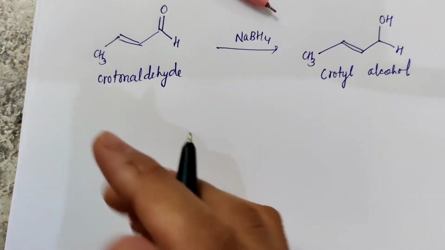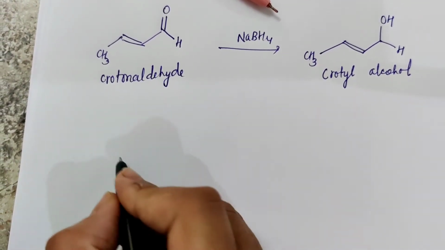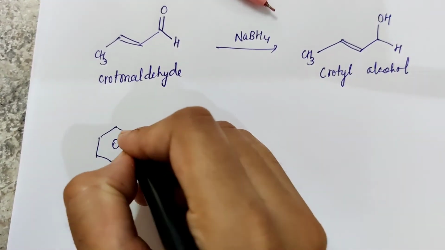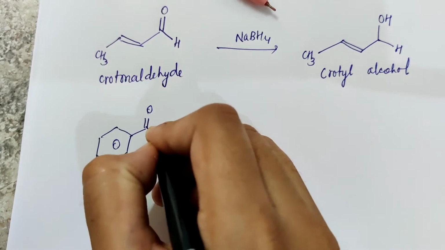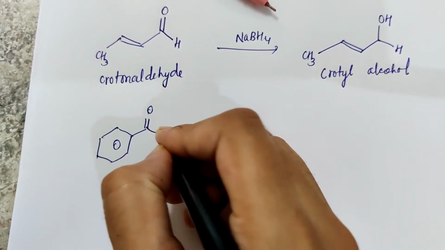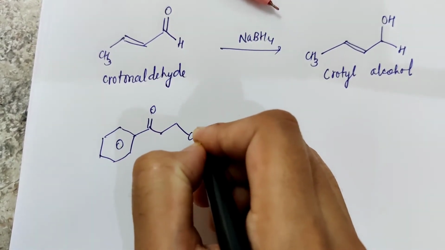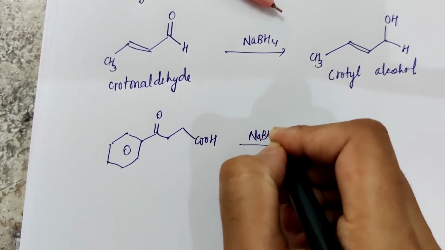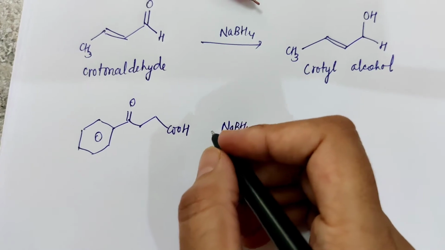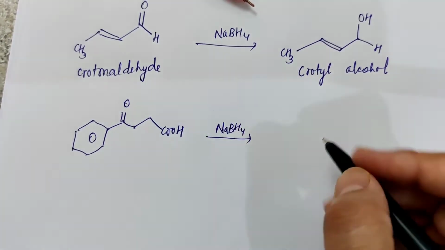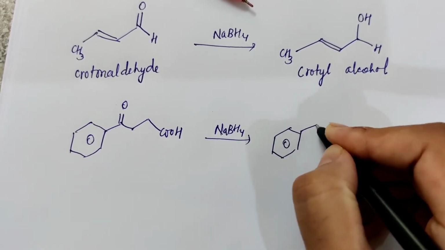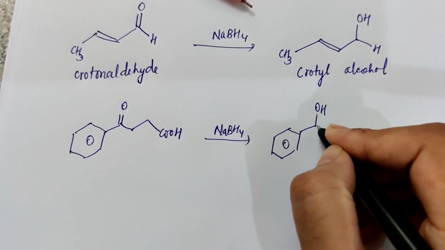Let's take one more example. Ketonic group on alpha position and a carboxylic acid. Now if you treat it with NaBH4, only this ketonic group will be reduced and the remaining groups will remain as they are.